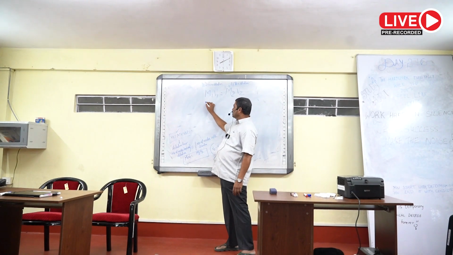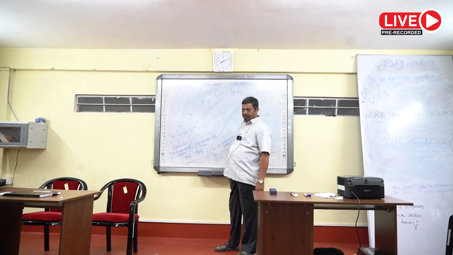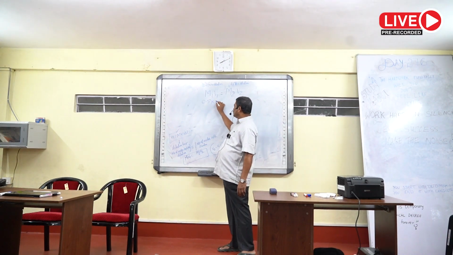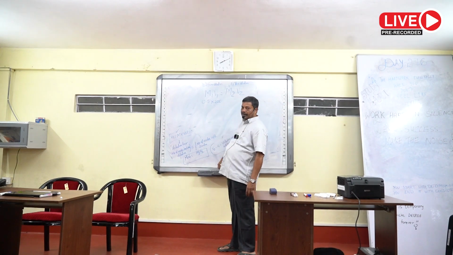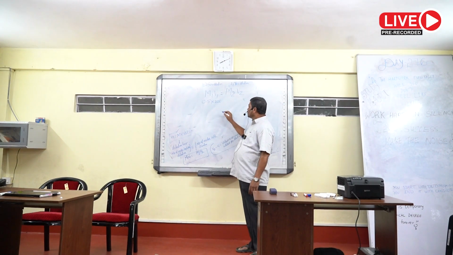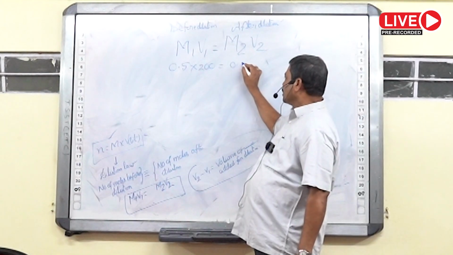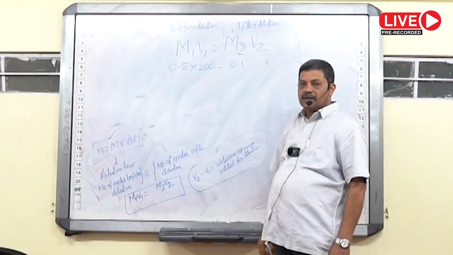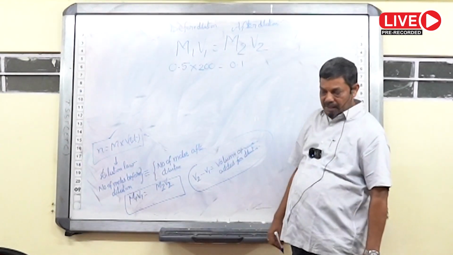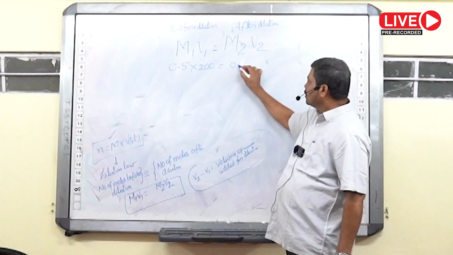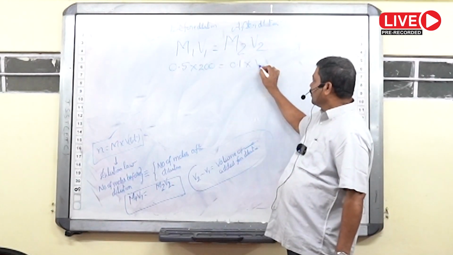Initially we have taken 0.5 molar of volume 200 ml, into decimolar, 0.1 molar. 0.1 is called decimolar, into V2.